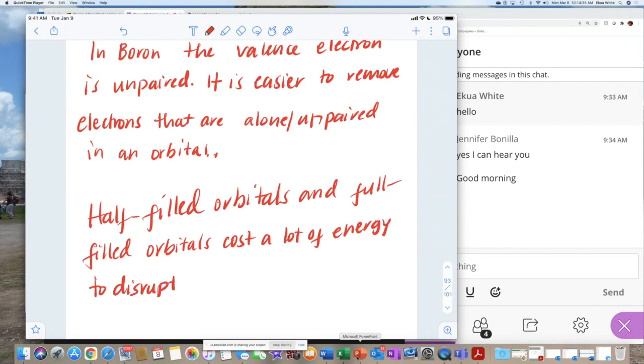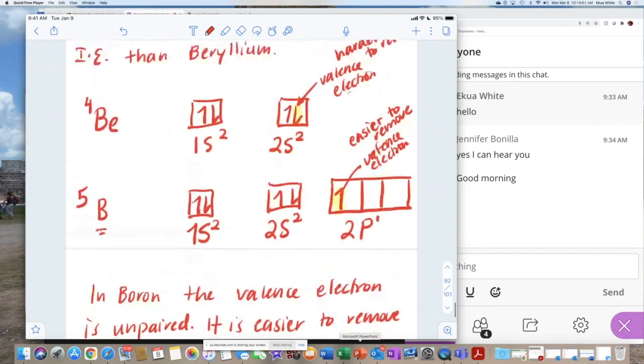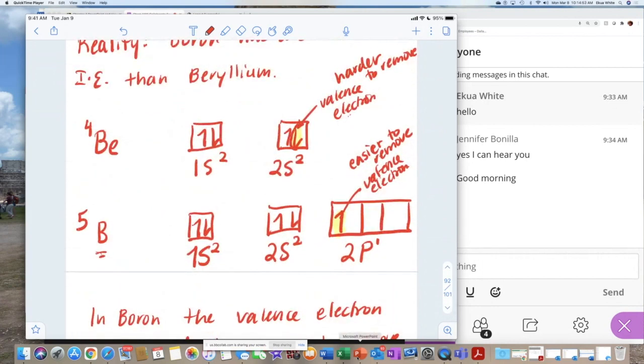So when you were removing the electron, yeah, you're disrupting the stability. I mean, the element has reached stability. It's comfortable, right? Has low energy. It has a half filled orbital or full filled orbital. Yeah, you can take out an electron, but when you do that, you disrupt the element. So to remove this electron here will cost you a lot more energy than that.